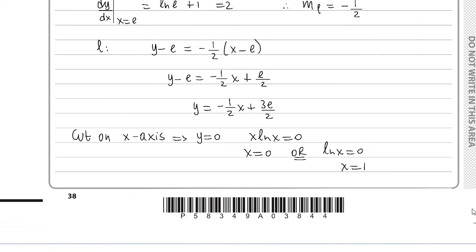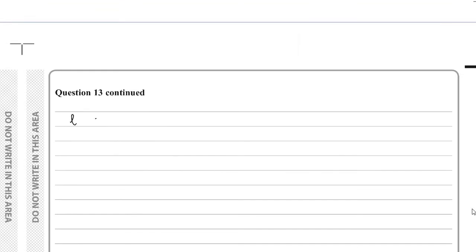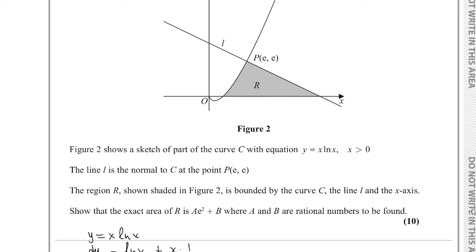If we just consider the line L cuts the x-axis, means that y is 0. So we have minus a half x plus 3e over 2 is 0, leading to x being 3e. So let me add this information on the diagram given. So this is 3e and this is 1.